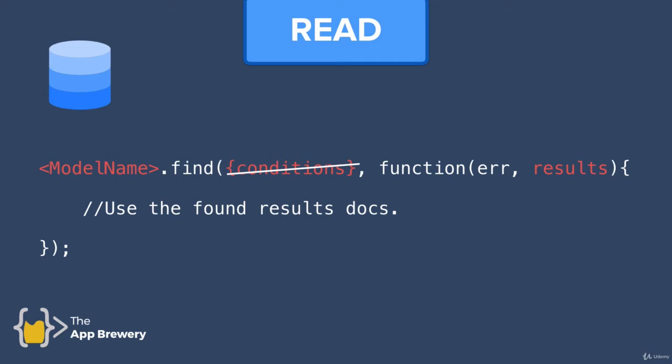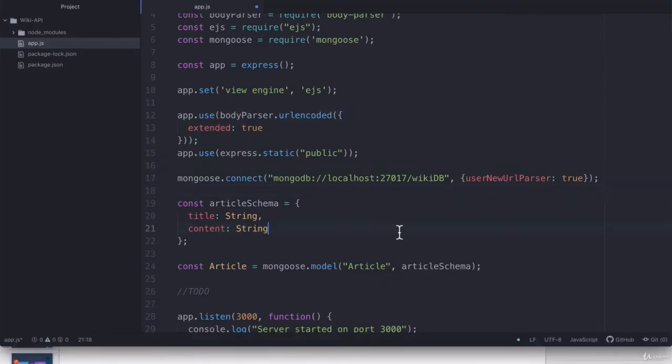And then we have our callback, which can call back with an error, and also the results of that search, which will contain all of the documents inside our articles collection.